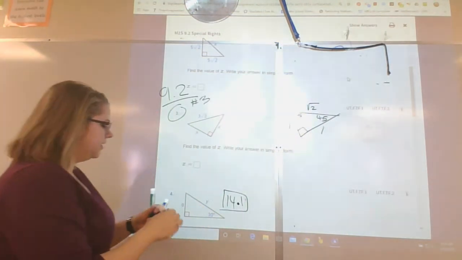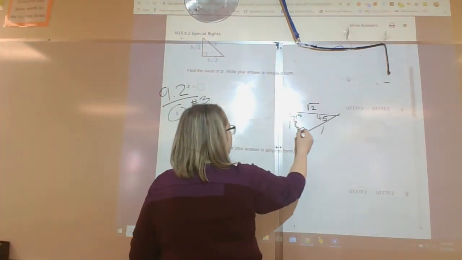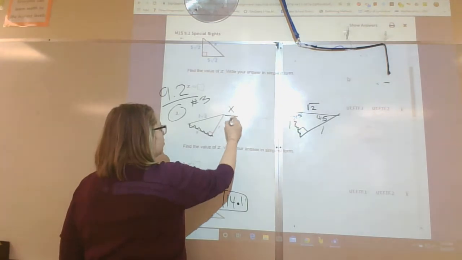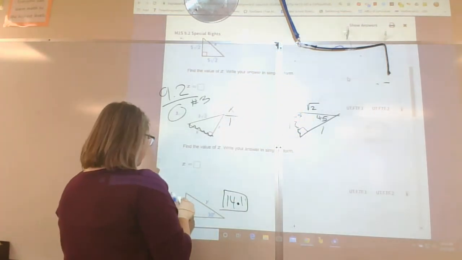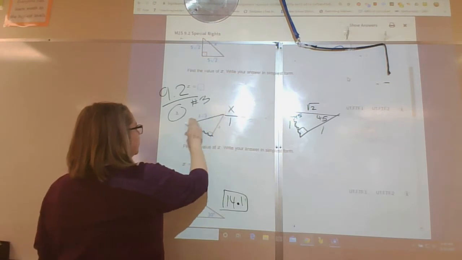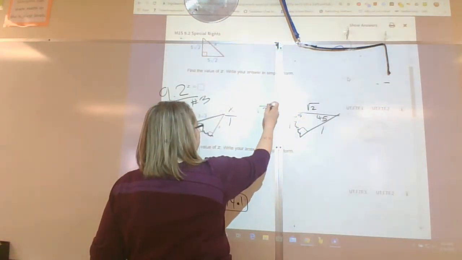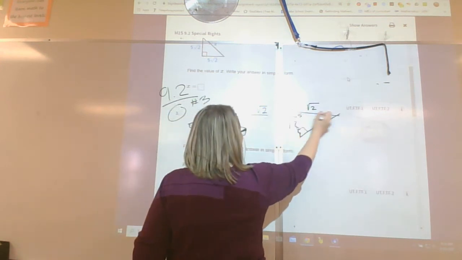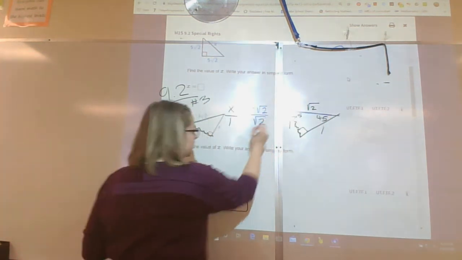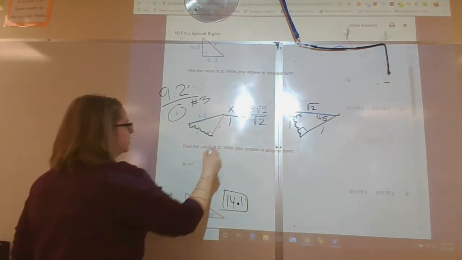Okay, so now this side here goes with my 1 over here. So I have x over 1 equals, now I want to use the side that has a number. I have a number here, 3 square root of 2, so 3 square root of 2 goes with the square root of 2. Now we cross multiply.